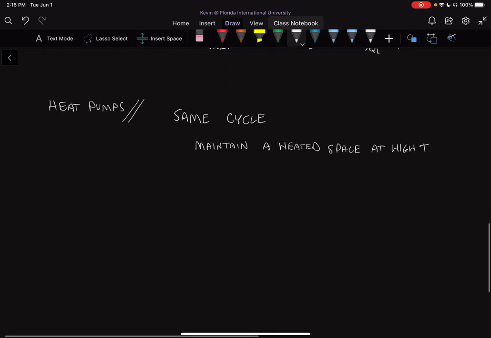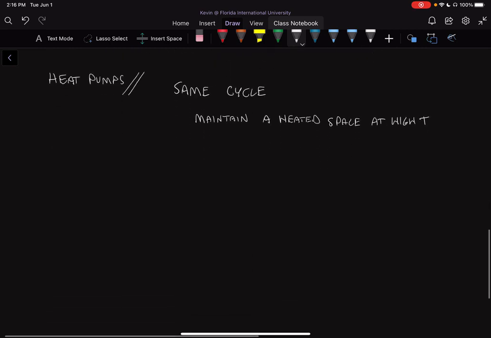So if we draw a diagram of our heat pump, we just have our heat pump, which we're going to call HP. Do not confuse heat pump and heat engine. They are different. And so we have QL coming in from a temperature TL.